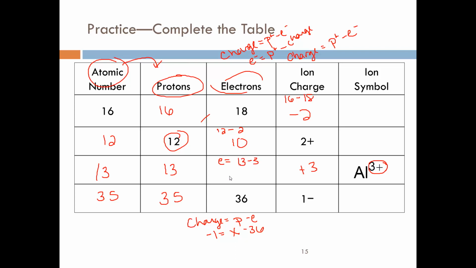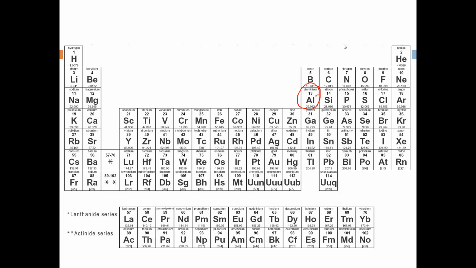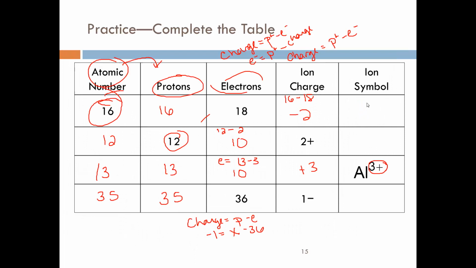Now let's fill in the symbols. We are looking for atomic number 16 first. It's sulfur. And because of this, it's going to have 2 minus. You always put the number before the symbol, before the charge. The next one is atomic number 12, which is Mg.